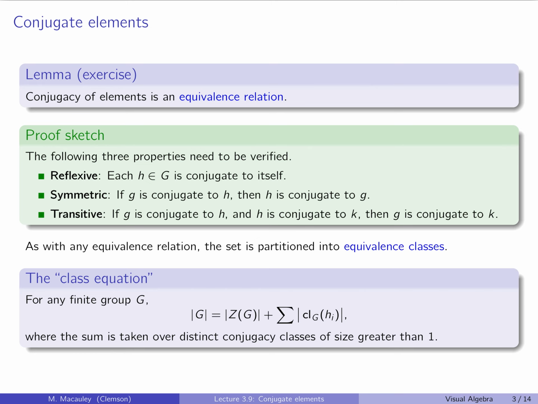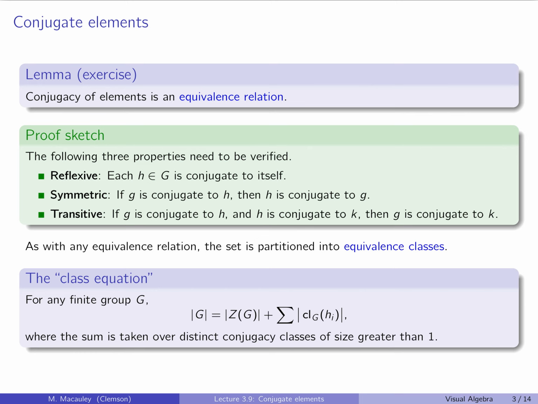I think it's an immediate corollary of the fact that conjugacy is an equivalence relation and the fact that central elements are in size 1 conjugacy classes. But this says that for any finite group G, the size of the group is equal to the size of the center plus the size of the distinct conjugacy classes of size greater than 1.